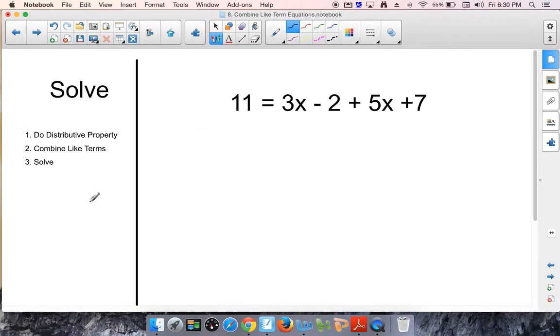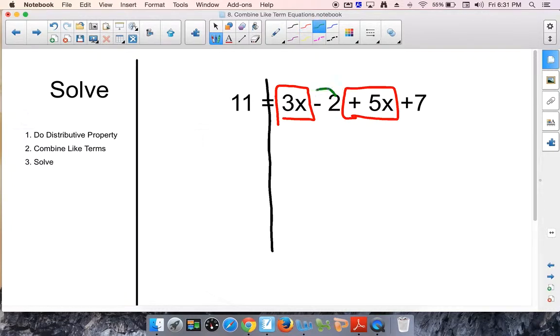So we use this to solve equations now. First thing we always do is the distributive property. Secondly, we combine all like terms. Third, we solve. So we're going to draw our line down to maintain equality, and we're going to find like terms. So in this case, I have 3x. I have a positive 5x. Those two will go together.